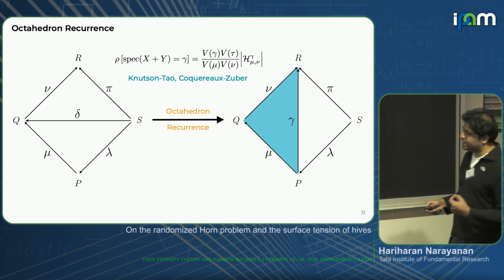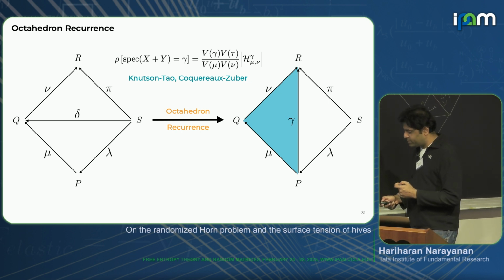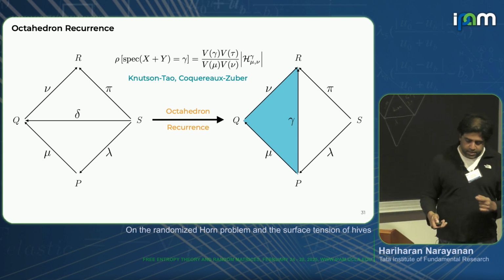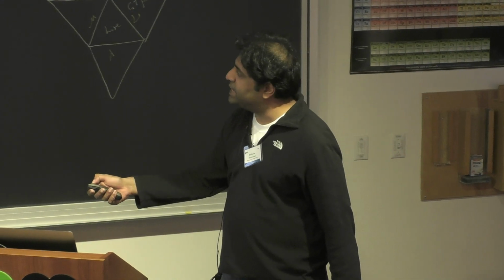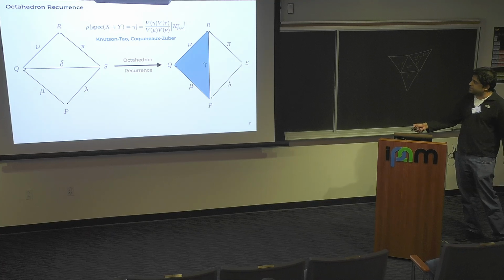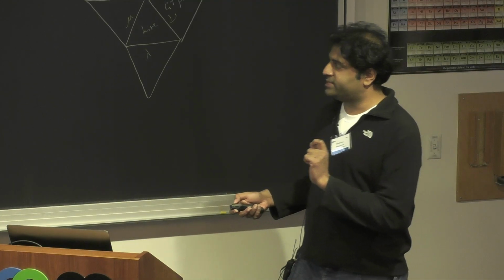So one way of generating a sample from the Horn probability measure is to do the following. Pick a random point from this augmented hive polytope and simply measure what you see on this middle side. And if you look at the slopes of the lines on this, you will exactly get the right measure.